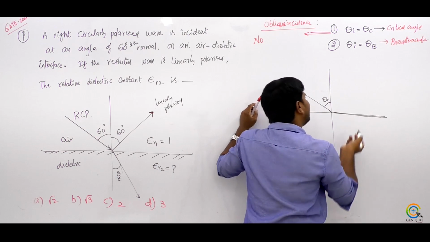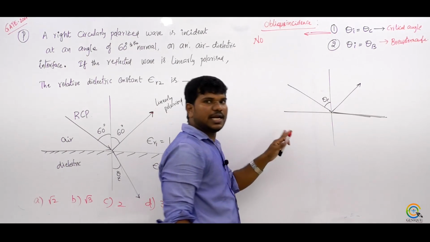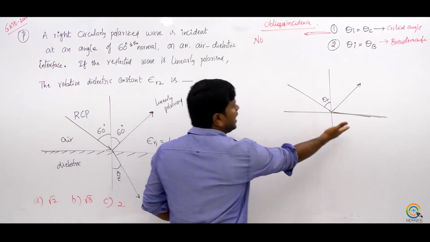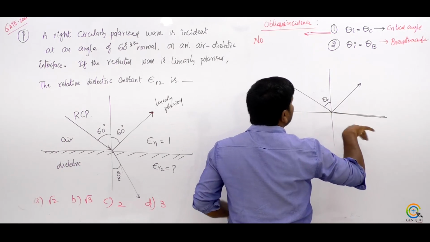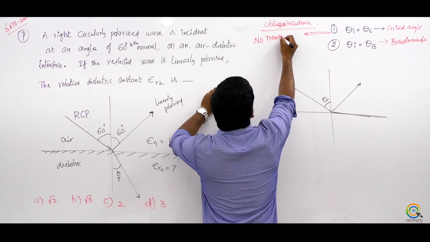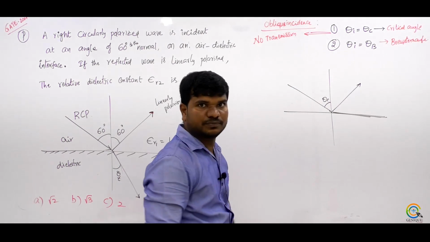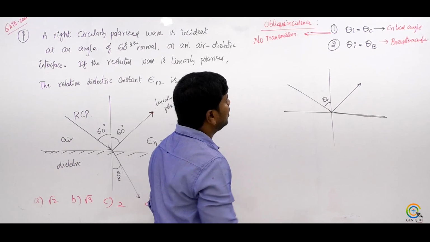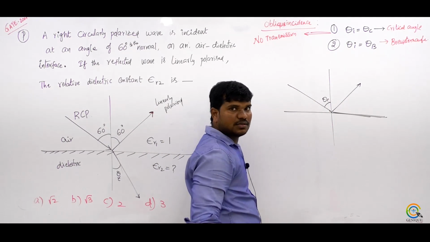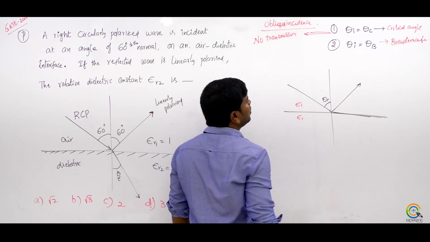If I increase the angle greater than theta c, it will be reflected. Total internal reflection takes place. That means there will not be any transmitted wave, no transmission takes place. So the angle at which there is no transmission into the second medium is called the critical angle.